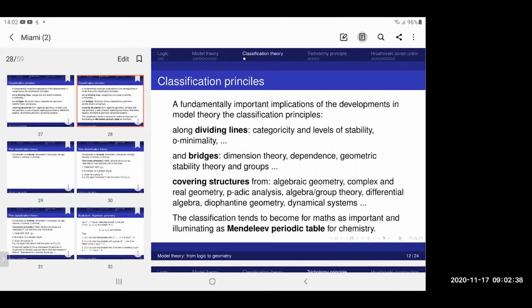And one subclass of the structures that we are specifically interested in this workshop are O-minimal structures.